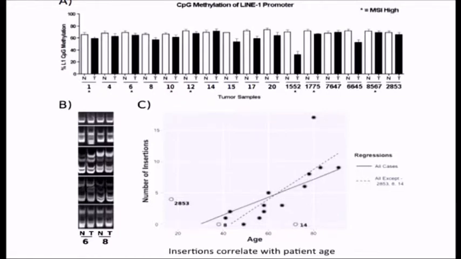We looked at microsatellite instability, and again we saw some of the individuals that had microsatellite instability, but again there was no correlation with the numbers of insertions in the tumors. The only thing that correlated was patient age. And here you can see the age of the patient correlating somewhat with the numbers of insertions found in the sample.